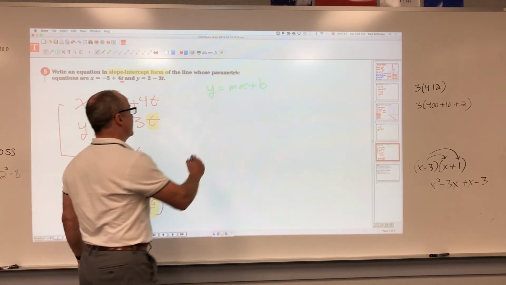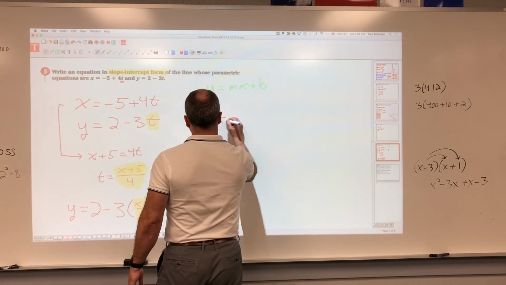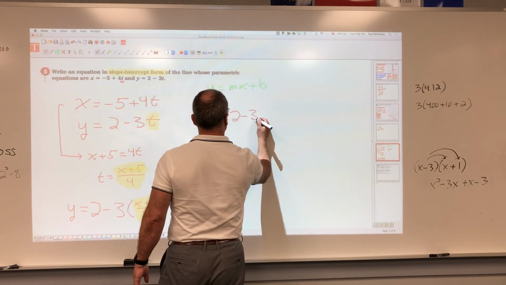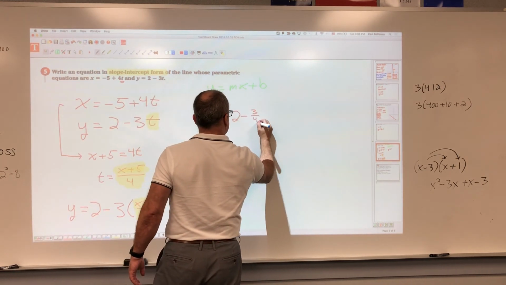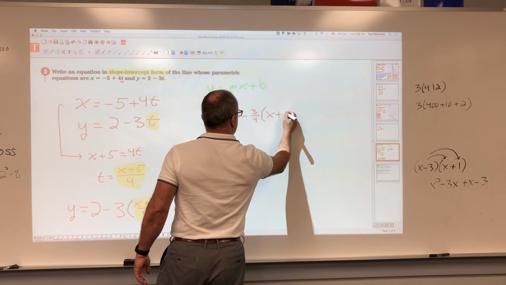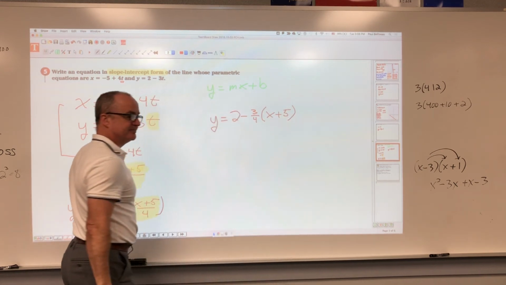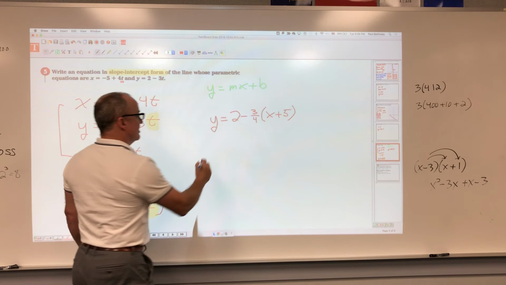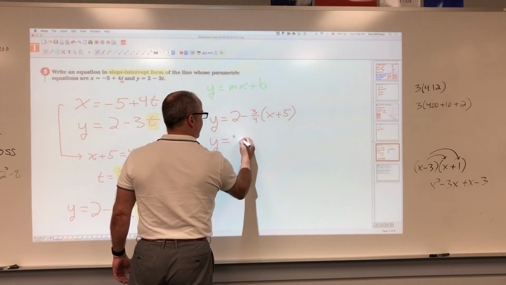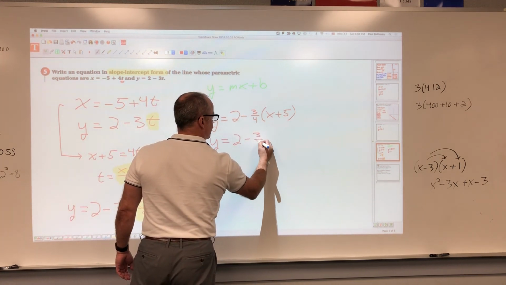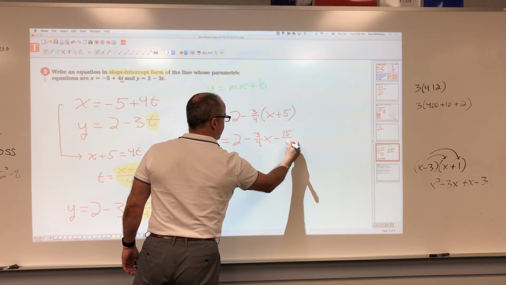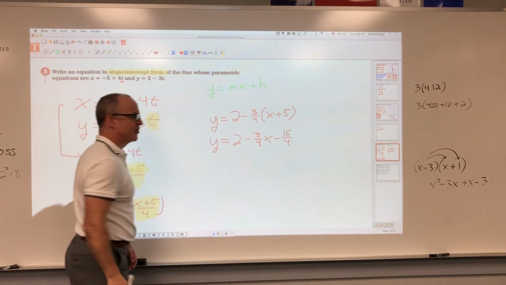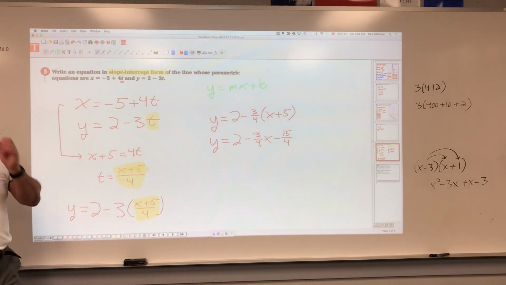We have to do something like, let's see, y equals 2 minus 3. Can I take that 4 in the denominator out if I want to? Yes. I can do that. You got him, Chief. Okay. So then can I distribute that 3/4? Yep. I can. Probably wouldn't be very pretty. It's not going to be, but is it minus 15 over 4? Yep. Okay.